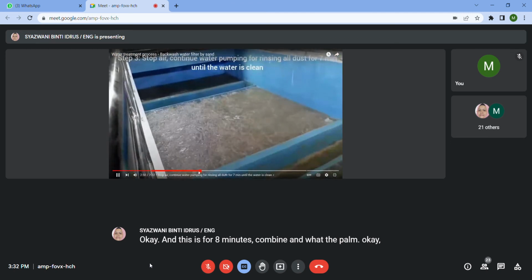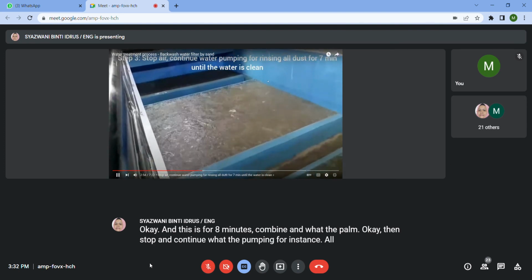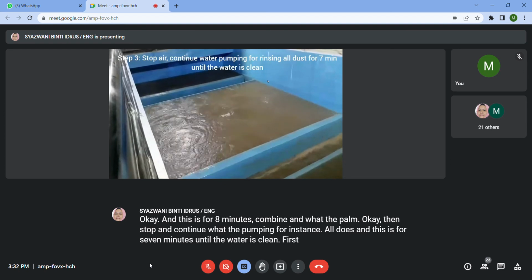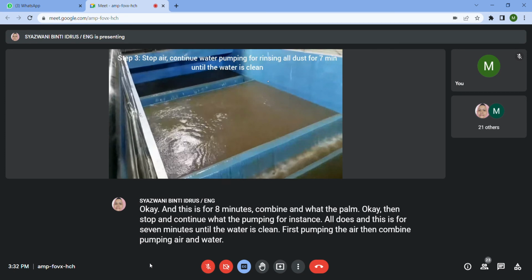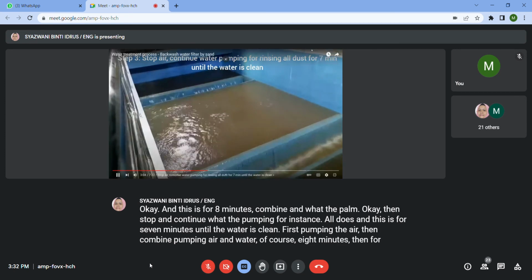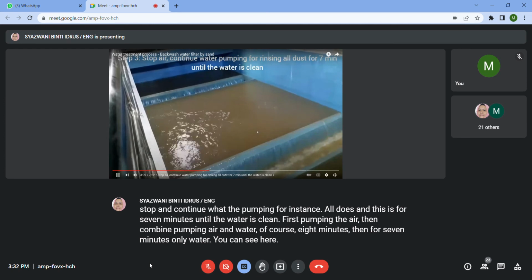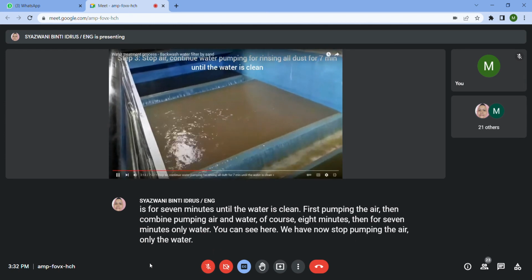Okay, then stop air, continue water pumping for rinsing all dust. This is for 7 minutes until the water is clean. First, pumping the air, then combine pumping air and water for 8 minutes, then for 7 minutes only water. You can see, they have now stopped pumping the air, only the water.